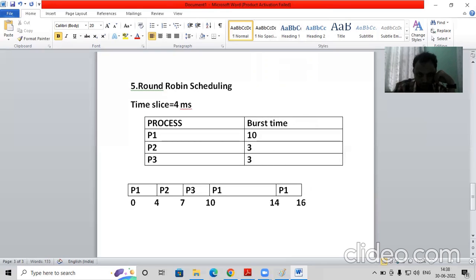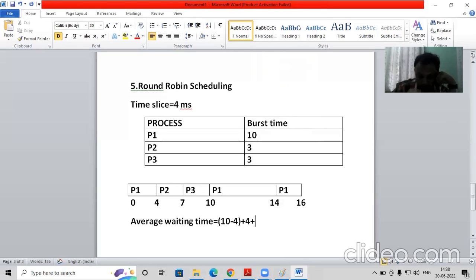So no other process remains. Here the average waiting time: for P1, how much time is it waiting? Already 4 has been taken, so 10 minus 4. P2 waiting time is 4 milliseconds.